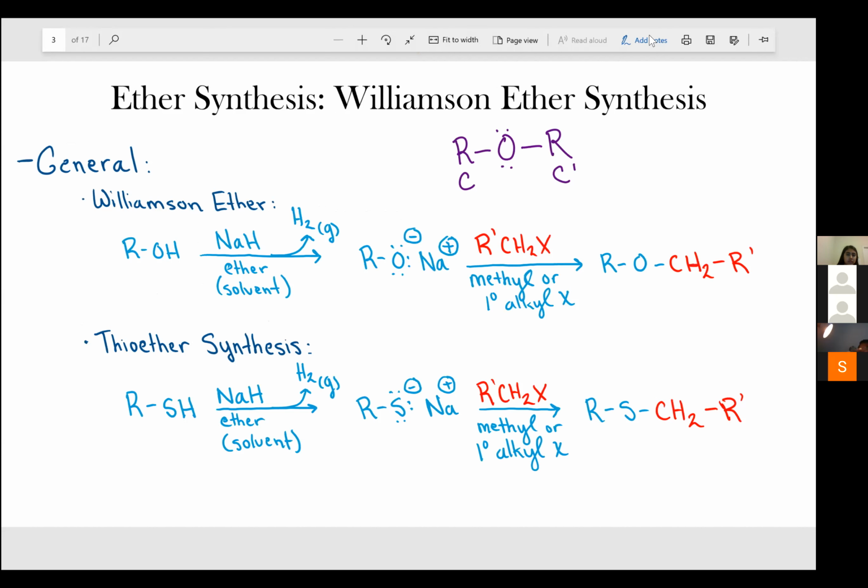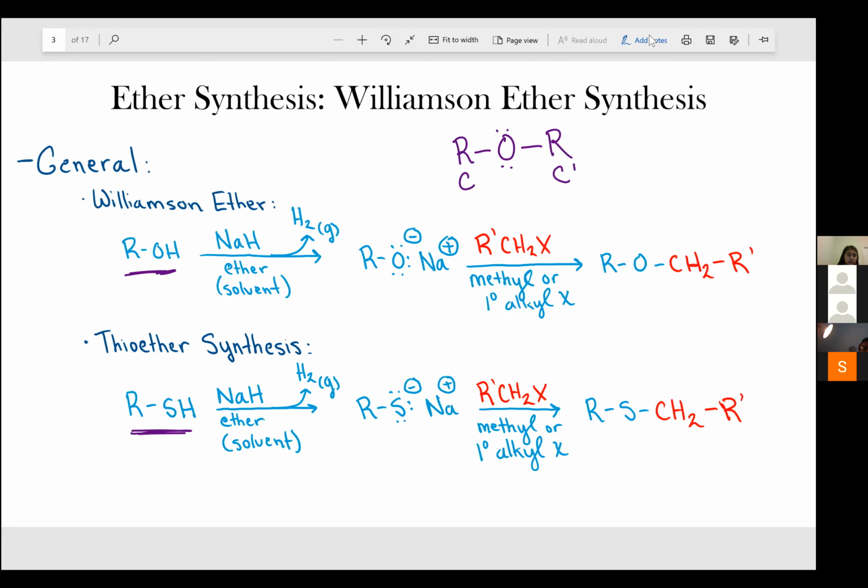And so this is just the general overview of how we synthesize these ethers using the Williamson ether synthesis. So we're going to first start off with something like this. And in this case, we're just using an alcohol, but we can also have a case where we use a thioether or sulfide, right?